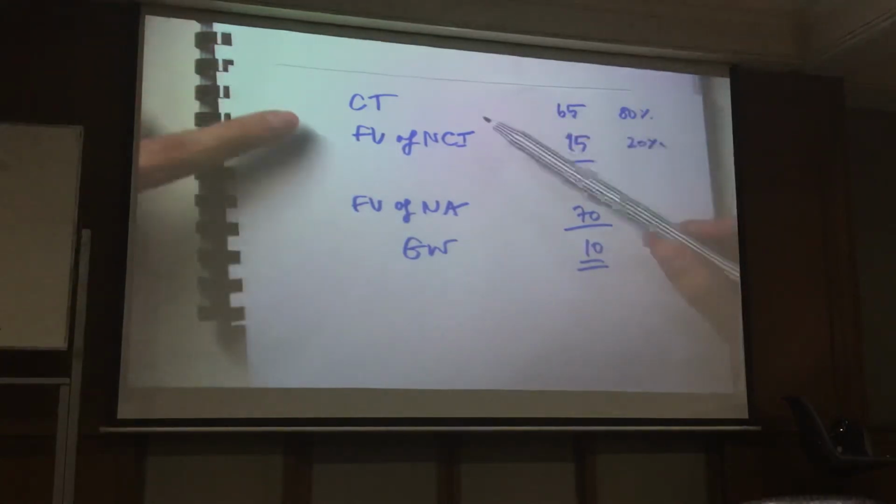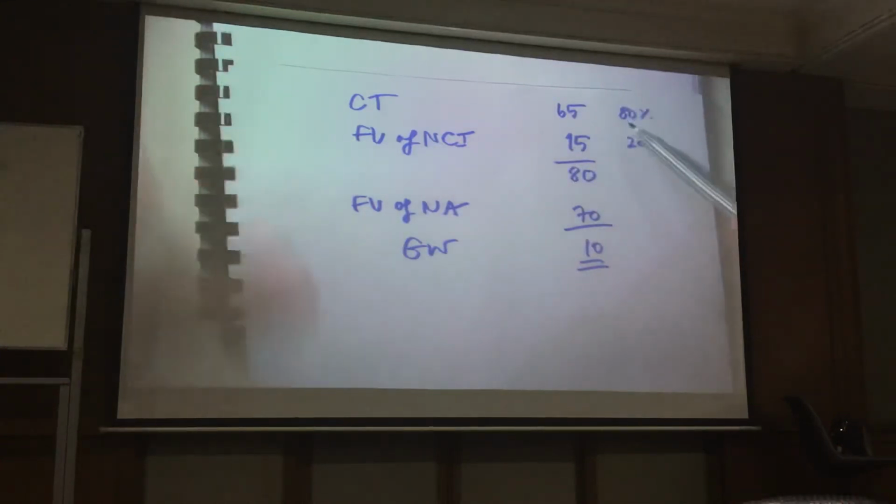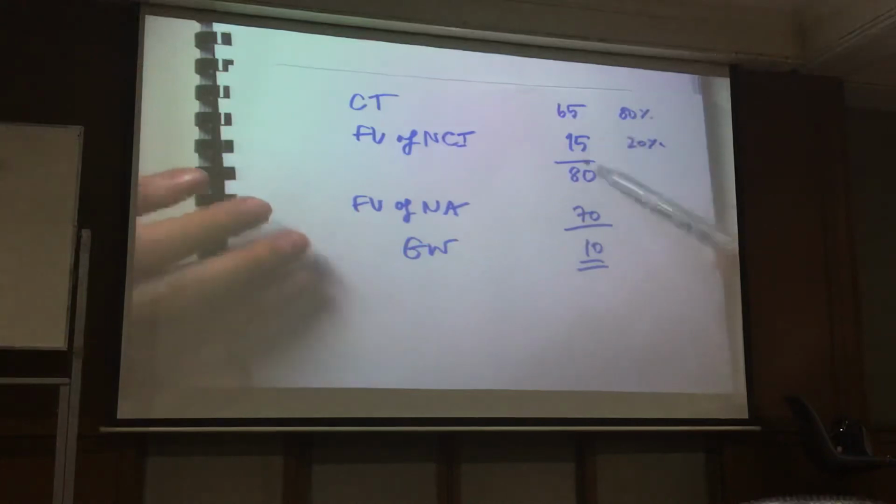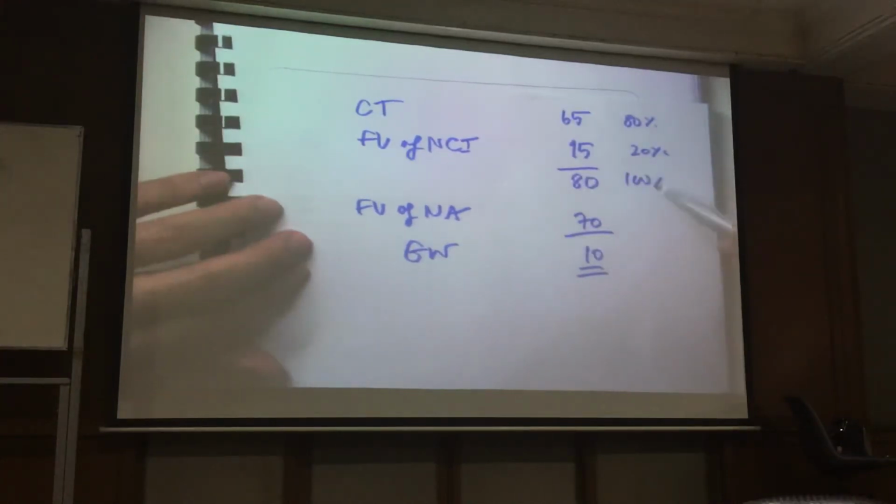Right? Consideration transfer 65, you pay 80%, you pay for 65. Fair value of NCI for 15, this is what you pay. Sorry, this is what you don't pay. This is the non-controlling part. So add them together for 100%. This is 80.